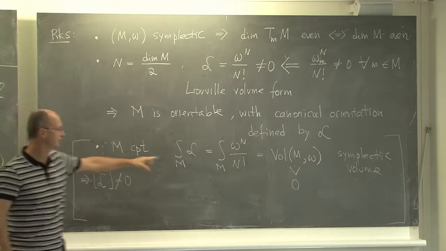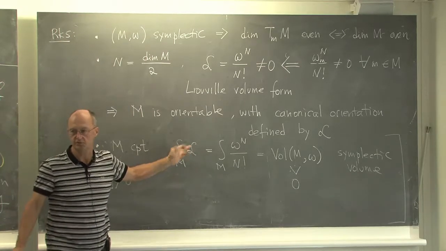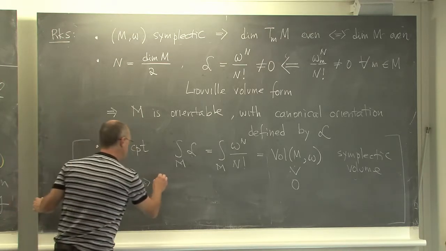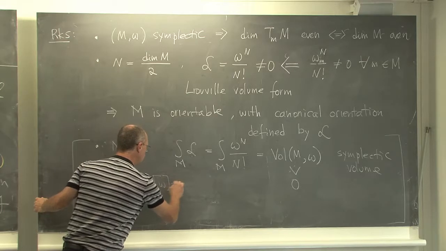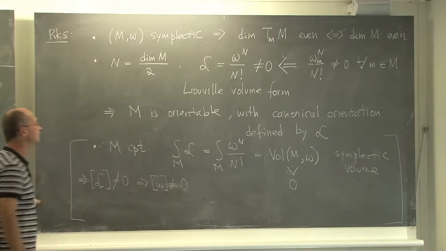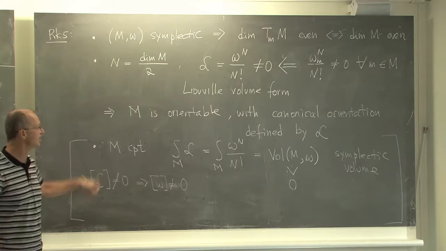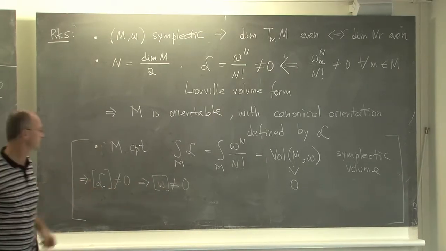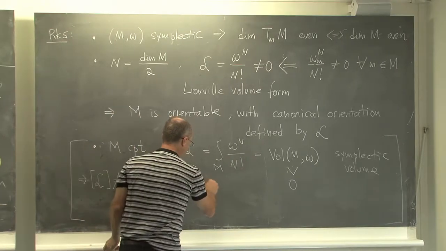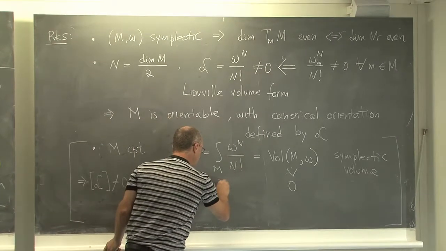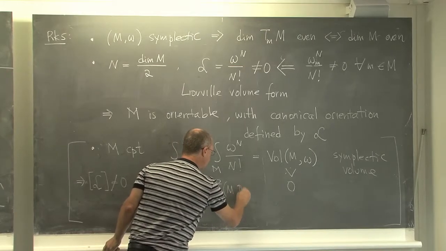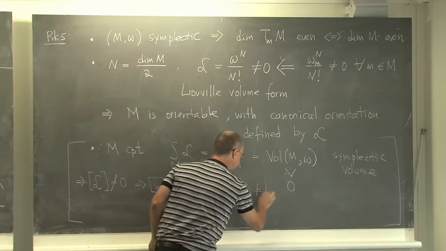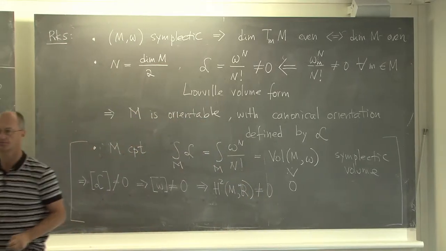Because if it were vanishing, then this integral would have been equal to 0, and this is not the case. But if this is true, this means that the cohomology class of the symplectic form itself has to be non-vanishing, because L is a power of the symplectic form. If this were vanishing, then the class of L would have been vanishing. But this implies that the cohomology group where this class lives, H2 of M with real coefficients, has to be non-vanishing, right?